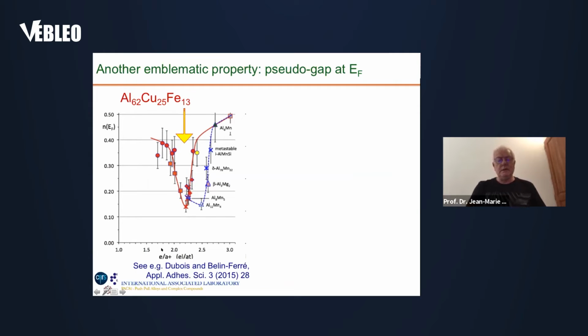And you see a very deep decrease of the density of states due to the formation of a pseudo gap. So it's not a true gap like in a semiconductor, but almost a true gap, which is very deeply marked exactly at the composition of the quasicrystal, which we will exploit later on.